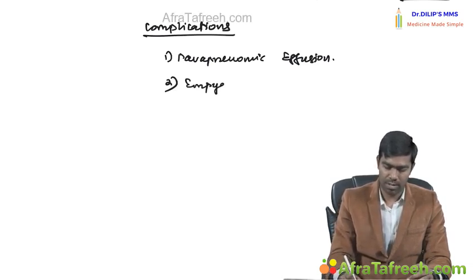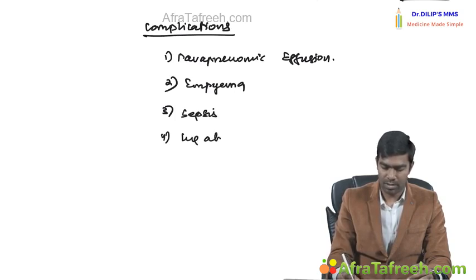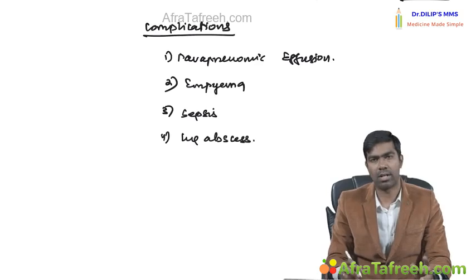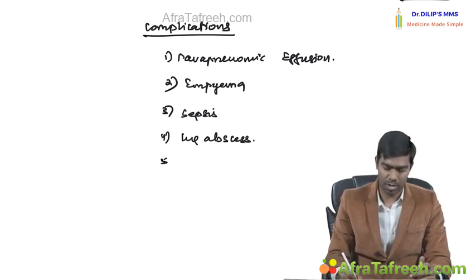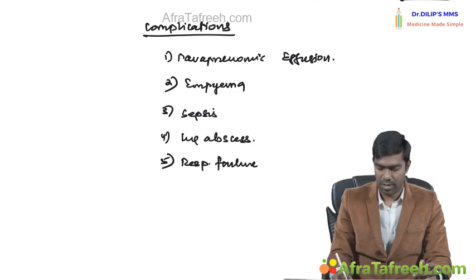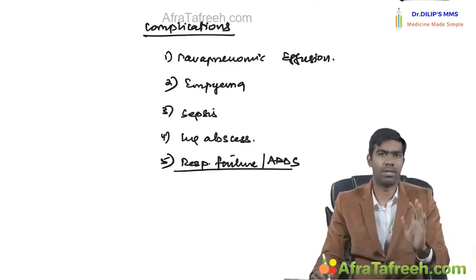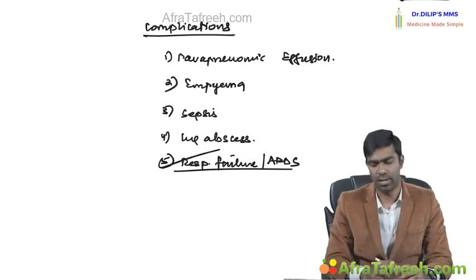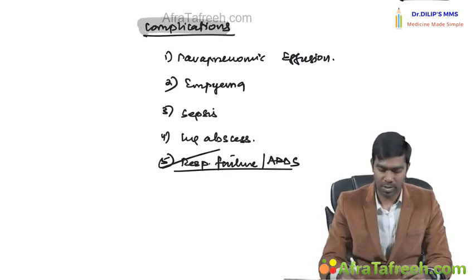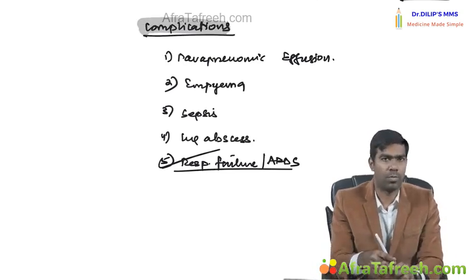Then empyema is a complication, sepsis, definite complication, lung abscess, this is usually common in aspiration and immunosuppressed patients, but not in real time lung abscess, or they can even go for respiratory failure and ARDS. We have seen one of the important causes, and in fact the most common pulmonary direct cause of ARDS is pneumonia. So they can go for respiratory failure and ARDS. So these tend to be the complications of community acquired pneumonia.